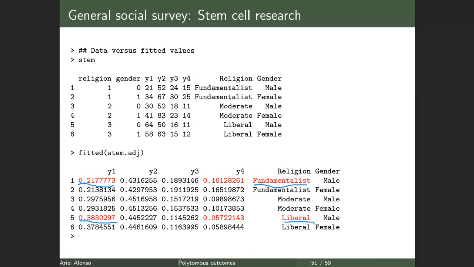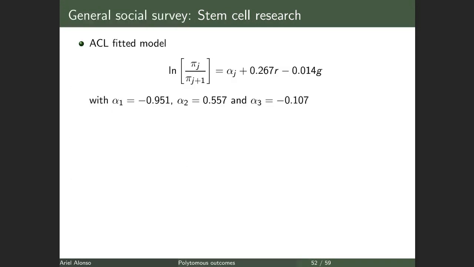And the opposite: 16% of males in the fundamentalist group will claim, definitely, I don't want this to be funded, whereas only 5% in the liberal group will claim that. So here you see the differences between the two groups. And the same for females. Fundamentalist females tend to be pretty much against funding this. Liberal females tend to be a lot more favorable to funding this.